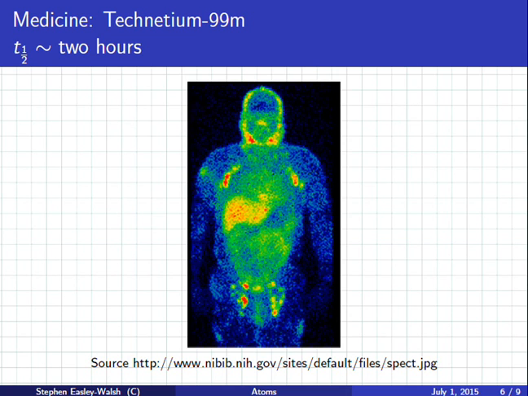Now what they do here, I don't know if you ever done this, but they put this in your blood. They inject it inside you, and they can see where the radiation is.